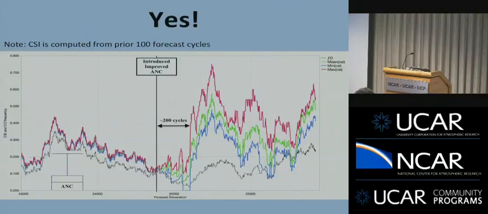What I'm showing here, the red, green, and blue curves represent the maximum, mean, and minimum CSI from that population at any given time. And this vertical line represents the time when I improve one piece of the forecast information.